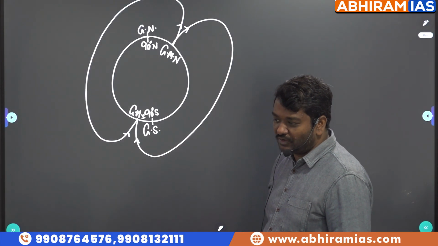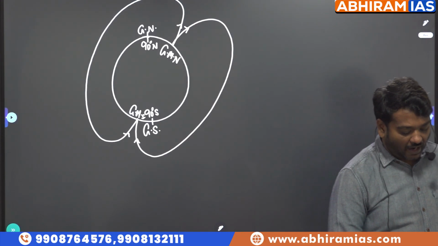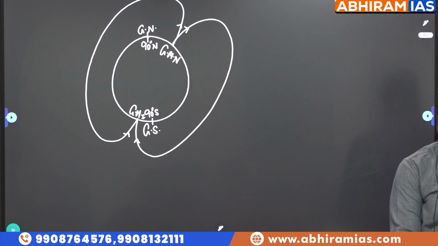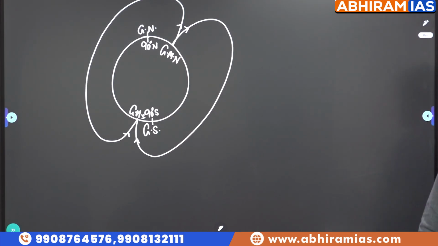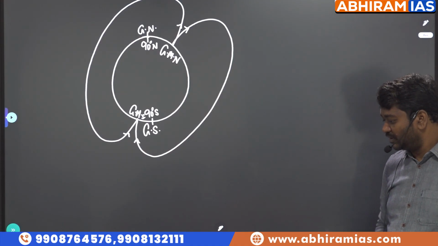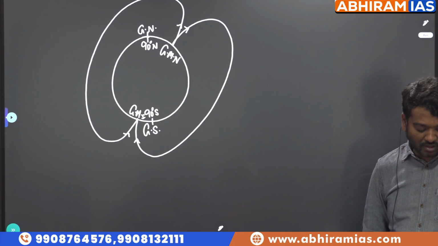Geographic north and south are different from geomagnetic north and south, magnetic north and south.